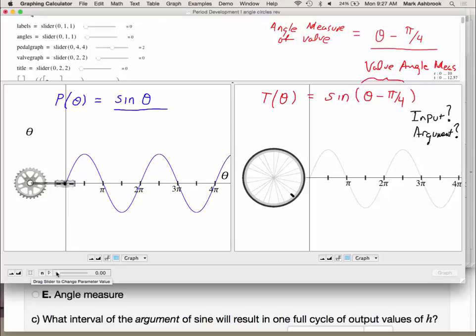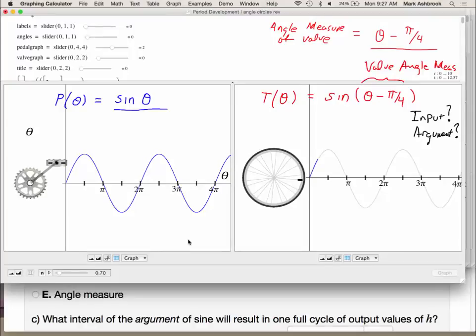It's lagging behind. So we're sweeping an angle with the pedal, and then the tire valve is always behind by pi over 4. So when the pedal is at pi over 4, what is the angle of the tire valve right now? 0, right? Because it's behind. So now it's starting its cycle.